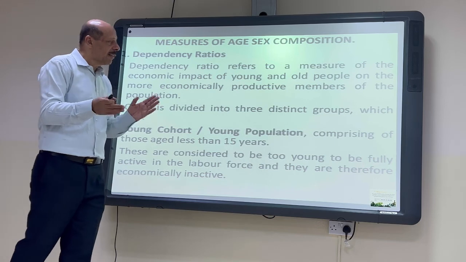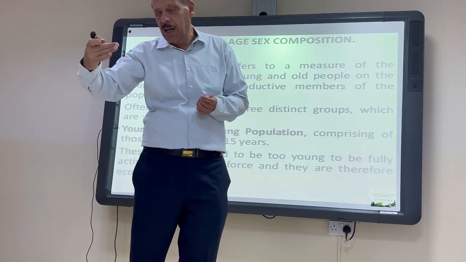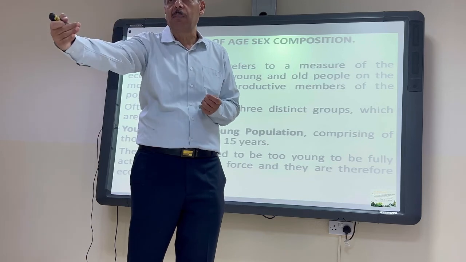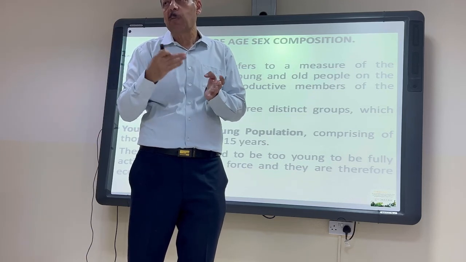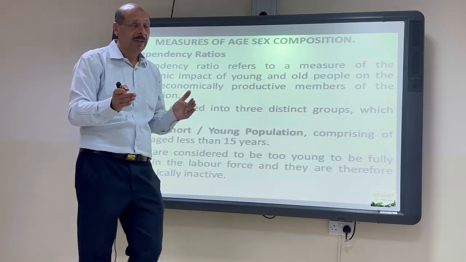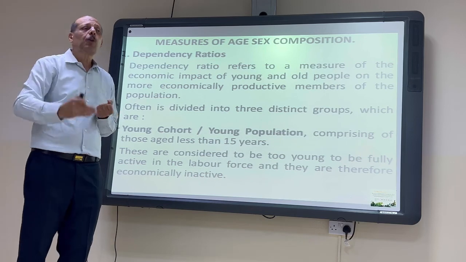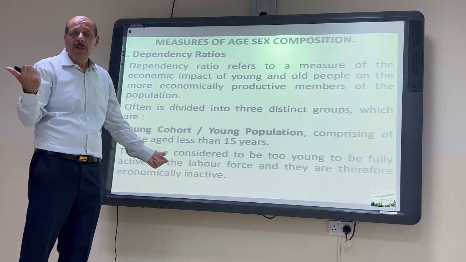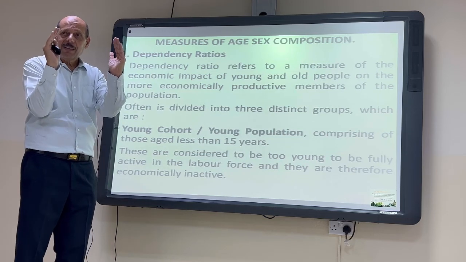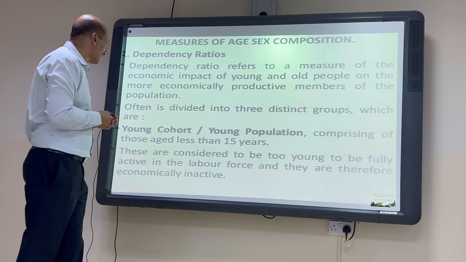Usually they consider the productive age from 15 up to 65. So this is the productive period of life. Those who are under 15 and those who are over 65 are depending on the number of people between 15 and 64.